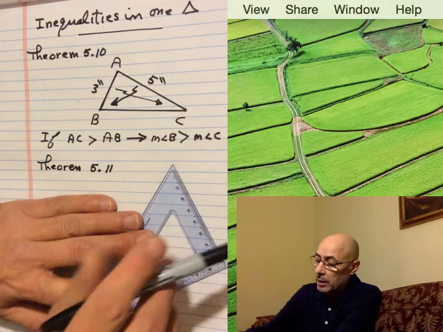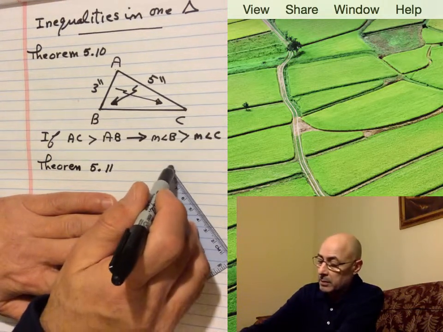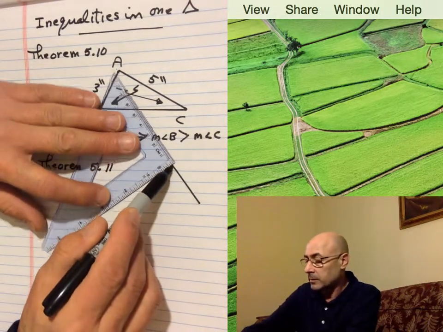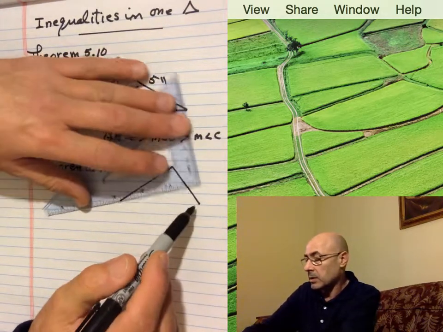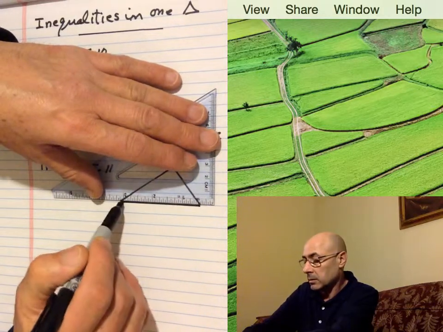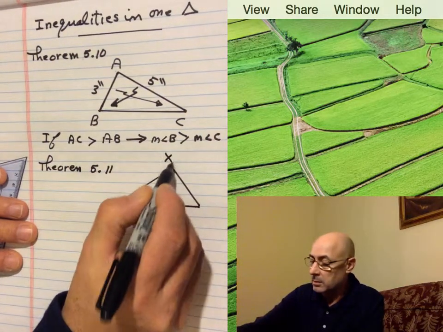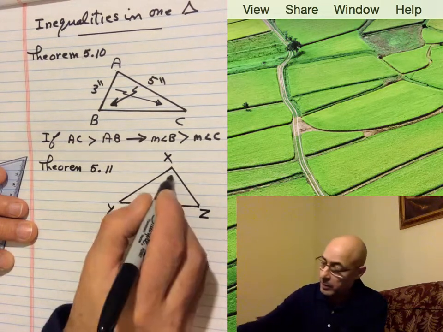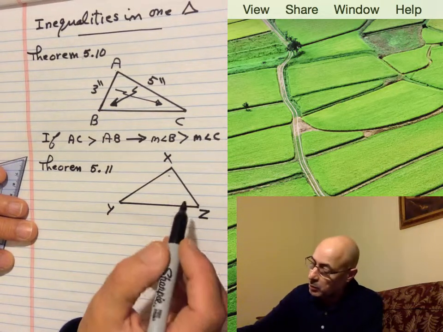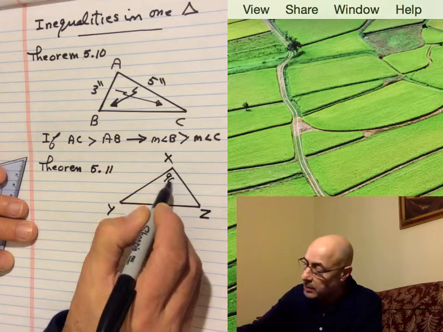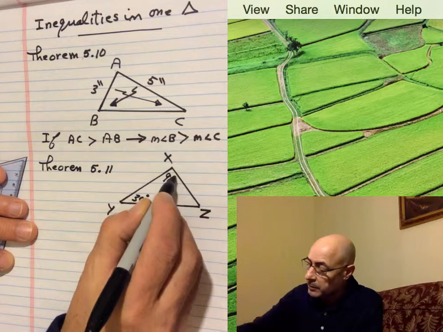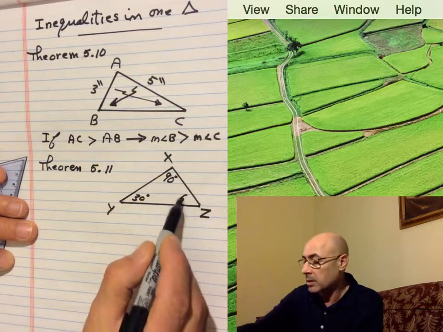Over here we're going to have the angles given. So if I have a triangle and the angles are given, so here's a triangle XYZ, but this time we know that this angle here could be 90 degrees, this angle may be 30 degrees, and this angle may be 60 degrees.